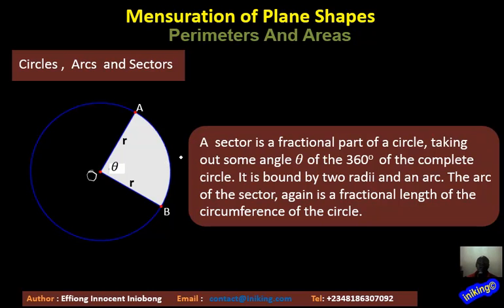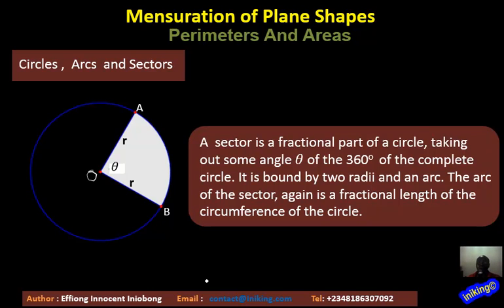And then what is an arc? An arc is something like AB, as you can see, and also it is a fractional part of the perimeter of a circle. The perimeter of the circle is the entire circumference. When you just cut out some section of it, which subtends an angle theta at the center, that section that has not been cut off is called an arc.